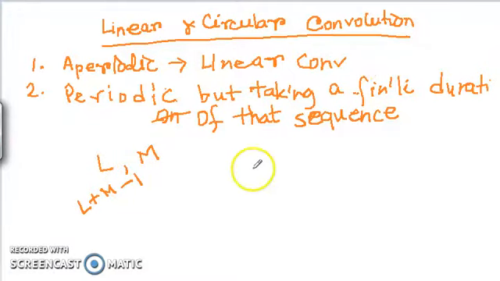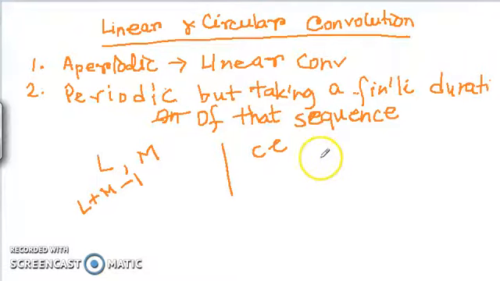Now, in case of circular convolution, the length of two sequences, we have to make them equal by padding 0. If there is a smaller sequence, we have to make it equal to the larger sequence, padding the required number of zeros. Okay. And in case of circular convolution, two methods are applicable: concentric circle method and matrix multiplication method.